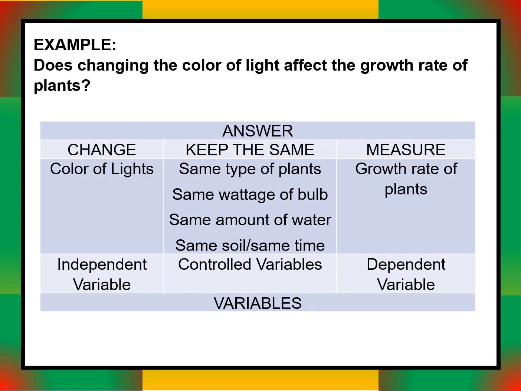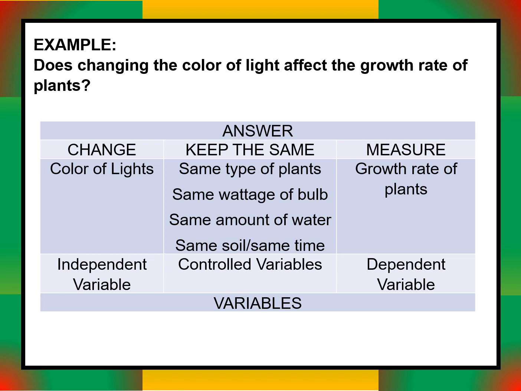So let's take an example. The problem is, does changing the color of light affect the growth rate of plants? So you want to know the effect of light color on the growth rate of plants. What will you do?